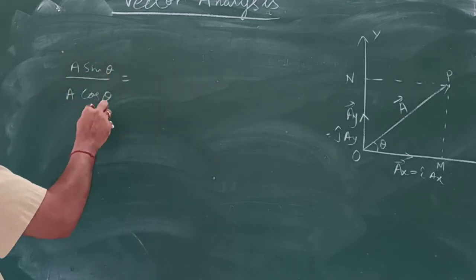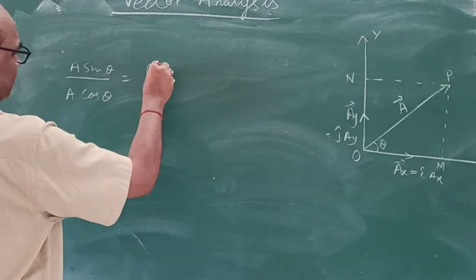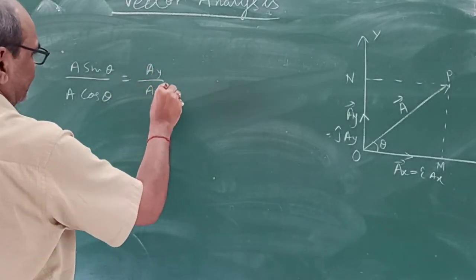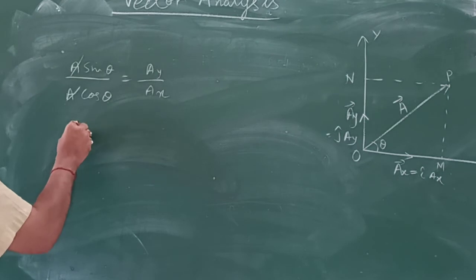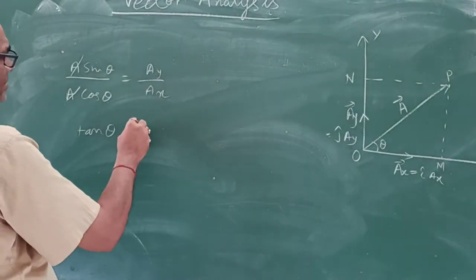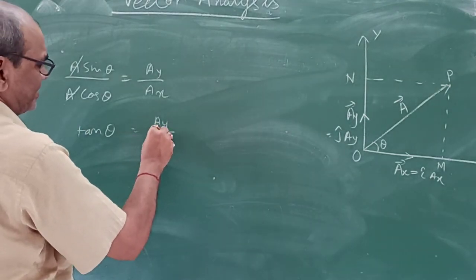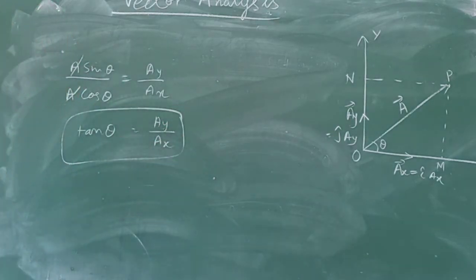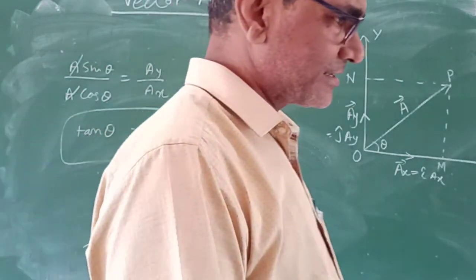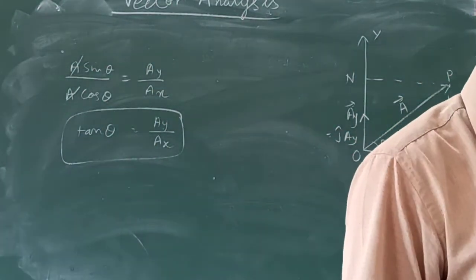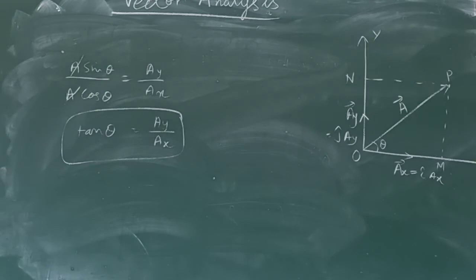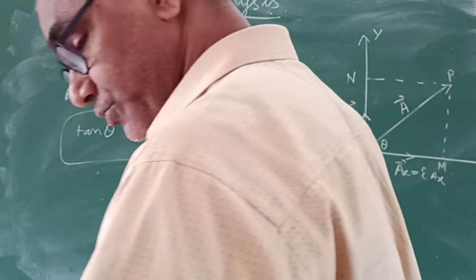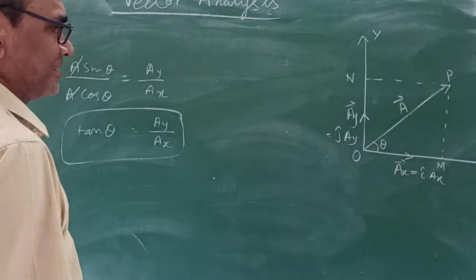A cancels out, then tan theta is equal to AY by AX. Now Y component by X component gives the direction of the vector. Is it clear?